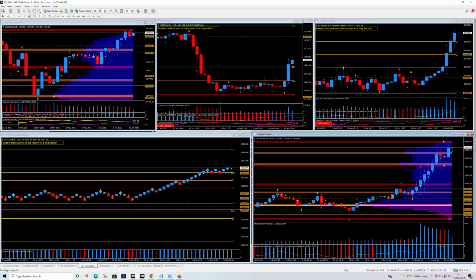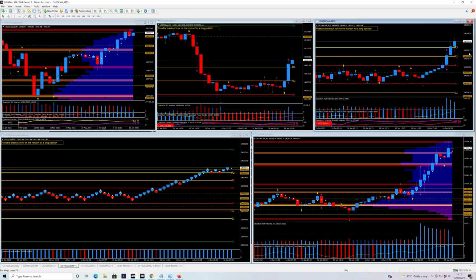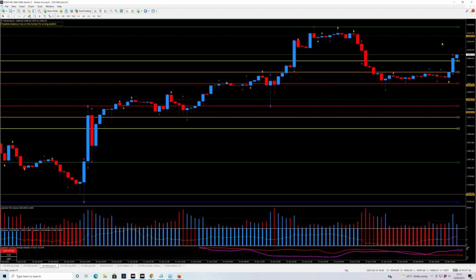You just then have to keep a very close eye on what is happening on the time chart for your potential exit, and where this is likely to be going, because it's a long way on the hour right up to the R4.